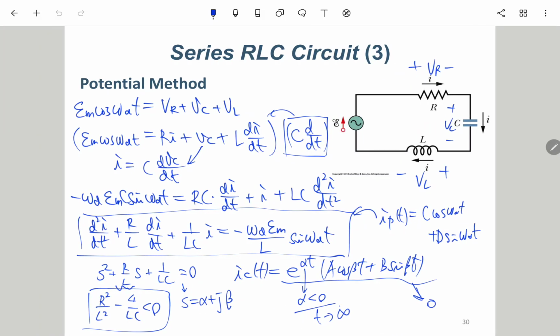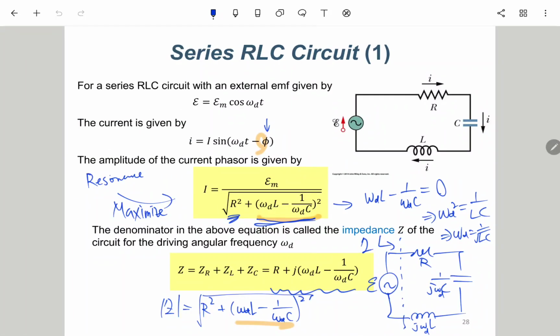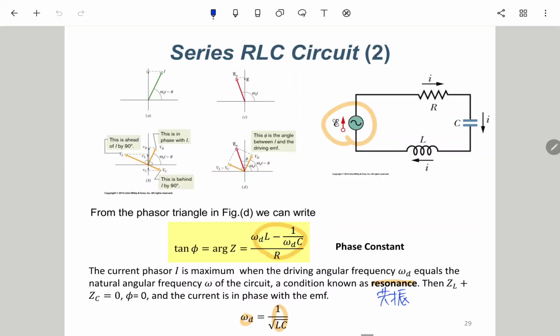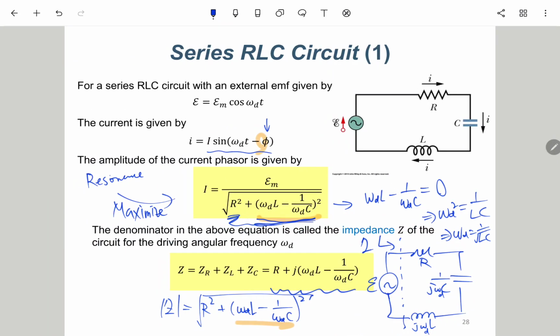But if you're interested, you can go through it, and you'll be able to find that I will be like that. And then the phi will look like this, and you will also get something like that.